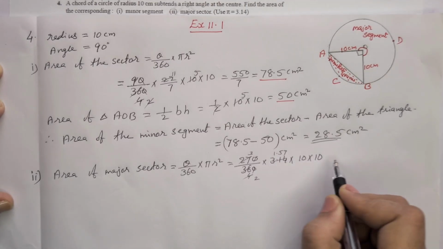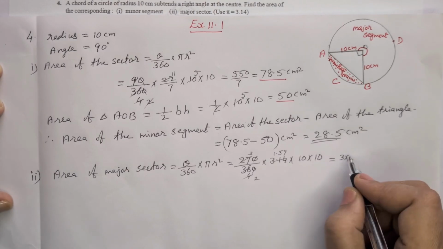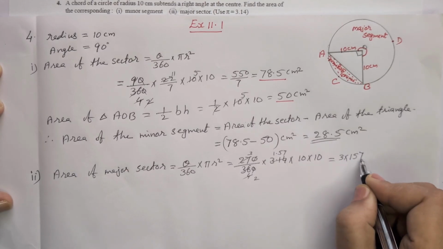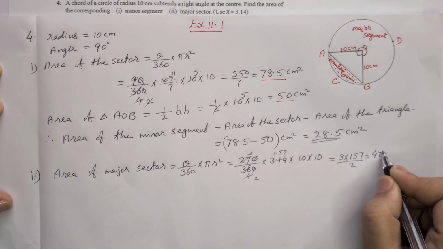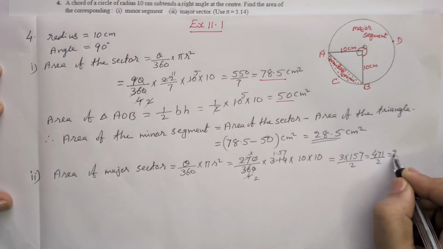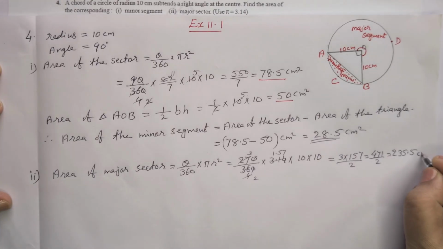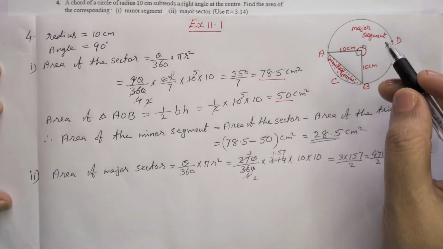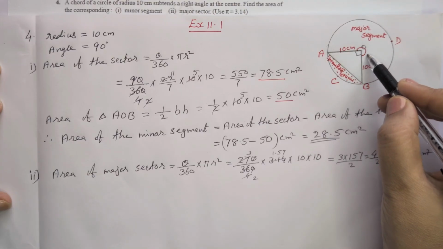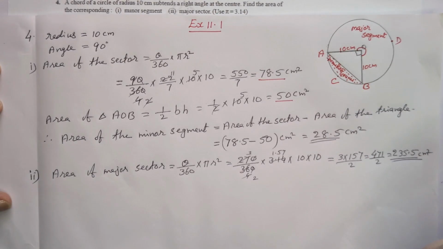When you are multiplying by 10, we can remove the decimal, 157 by 2, which is equal to 471 by 2, which is equal to 235.5 centimeter square. The same thing we can do in another method. Here we calculated the angle as 270, total 360 minus 90.